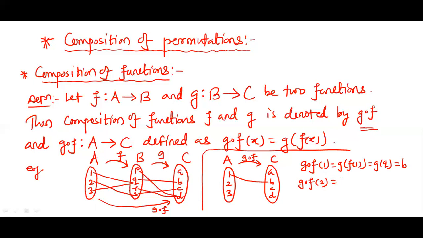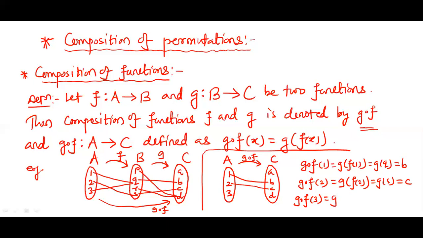What is g naught f of 2? By definition, it is g of f of 2. F of 2 is S, and g of S is C. Means under this function 2 maps to C. And what is g naught f of 3?